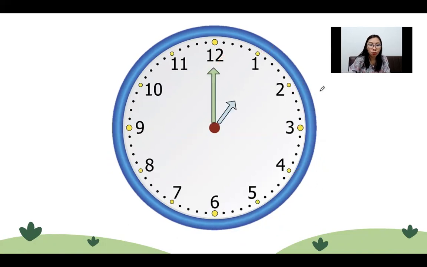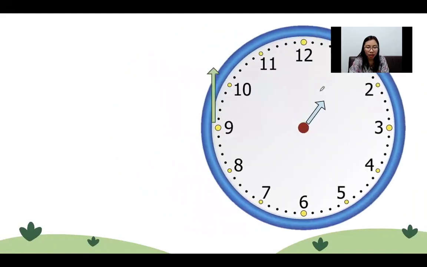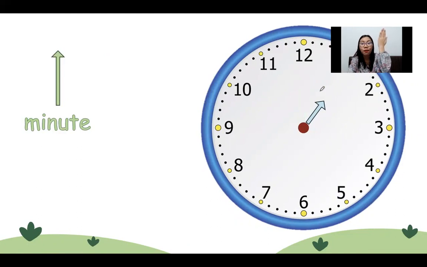Now in the clock as well, there are two hands. We have the long hand, the green one, and then the short hand. Now the long hand says the minute. What is minute again?